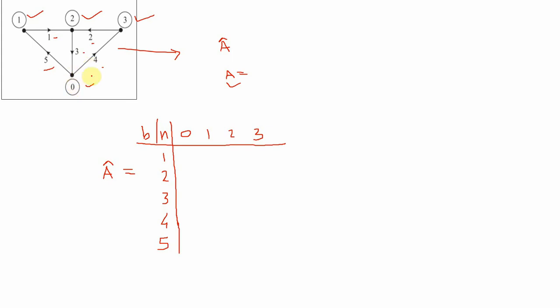So in this diagram, if you observe, branches 4 and 5 are outgoing from node number 0. So we can write positive 1. So here I am going to write positive 1, because it is outgoing from the node.